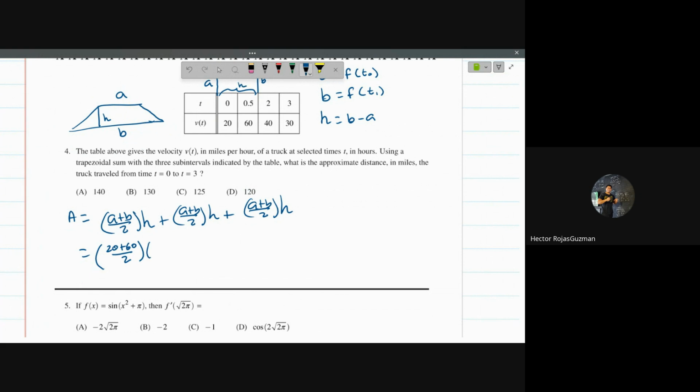So that's 0.5 plus the next trapezoid, (60 plus 40) over 2 times 1.5 plus (40 plus 30) over 2 times 1.